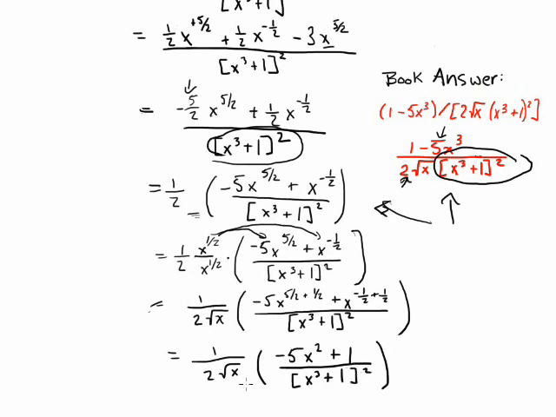And this is clearly equal to 1 minus, we just switch the order here of the negative 5x squared and 1, so 1 minus 5x squared divided by 2 square root of x cubed plus 1 quantity squared. So here, right, was where we got.